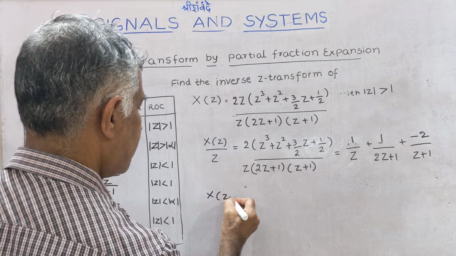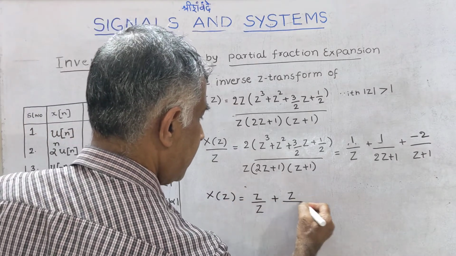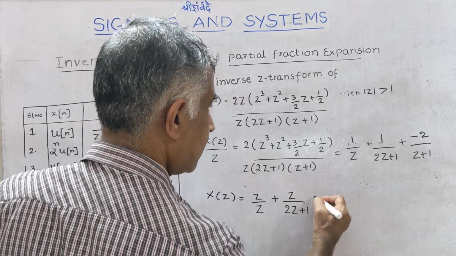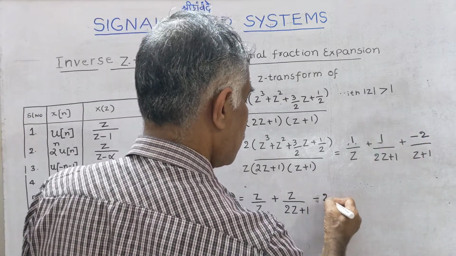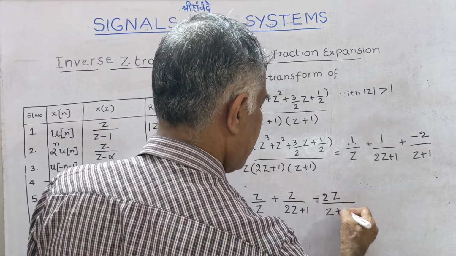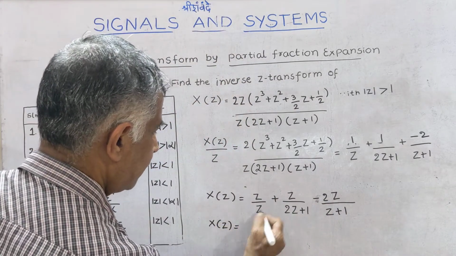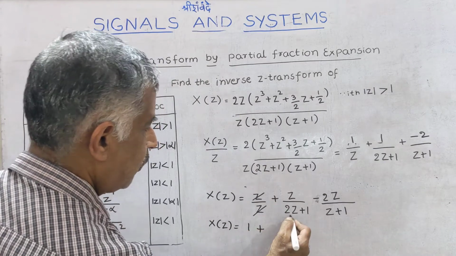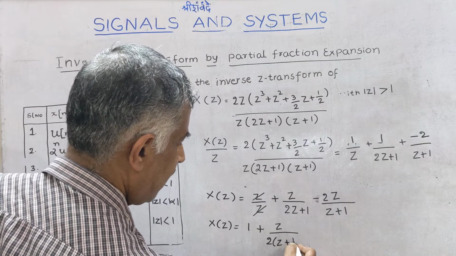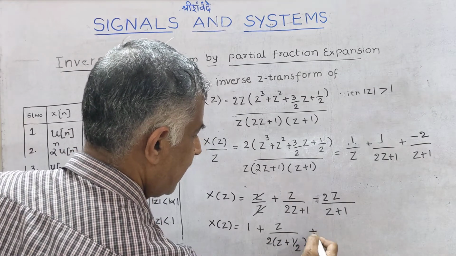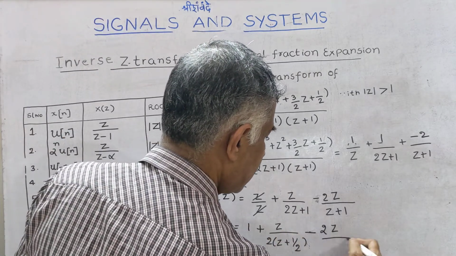X of z is equal to z by z plus z by (2z plus 1) minus 2z by (z plus 1). Now z cancels, so 1 plus, taking 2 outside, z over 2 into (z plus half), plus minus 2z over (z plus 1).